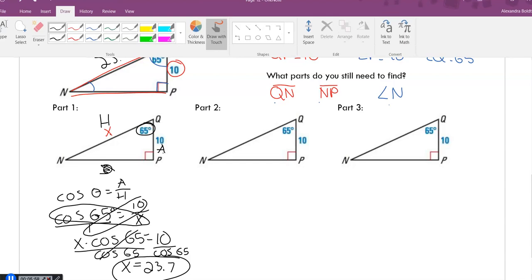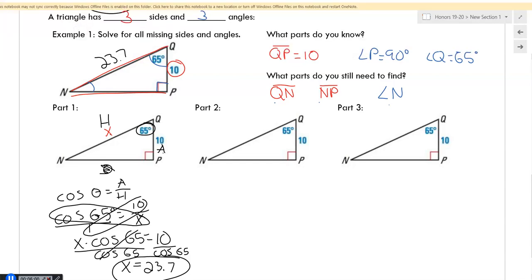Looking at our next problem, we're now having to solve for NP. So I'm going to put my x here. I still have an angle and sides that I'm solving for. So then here's my angle. I have my opposite, my adjacent, and my hypotenuse.